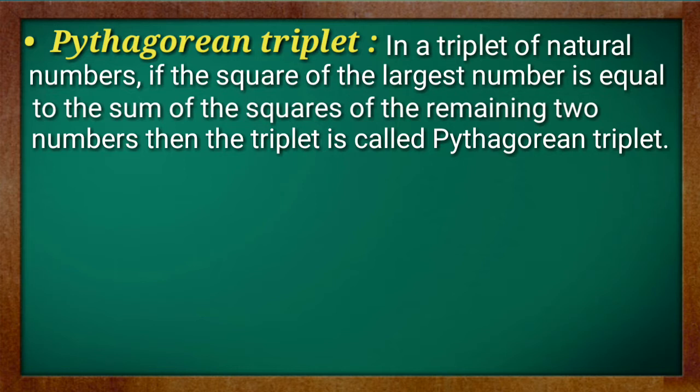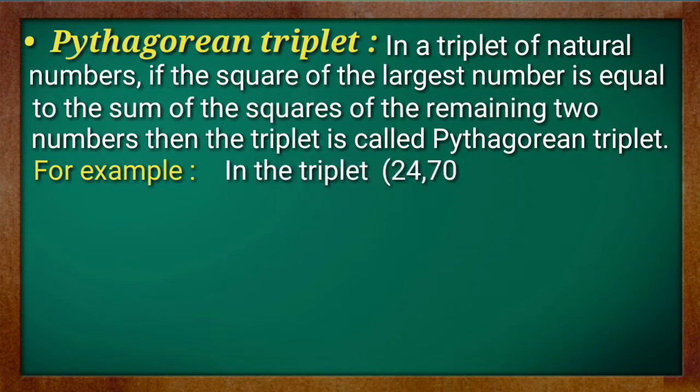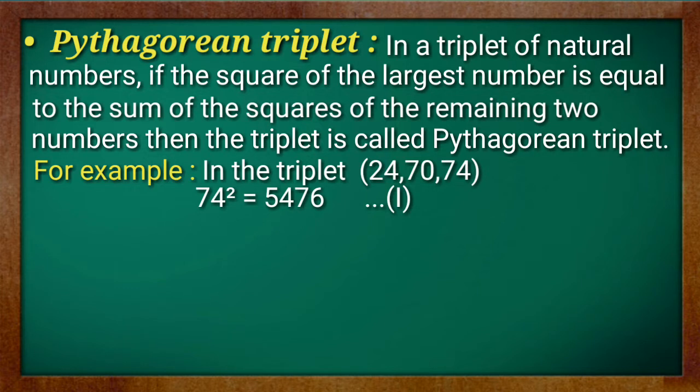By taking one example, in the triplet 24, 70, 74. Here largest number is 74, therefore square of that number, that is 74 square equal to 5476. This is first.